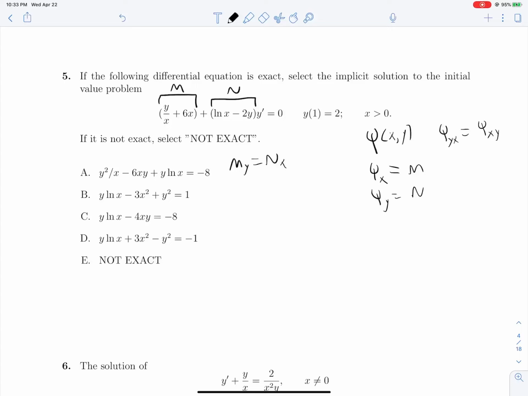And so My is really this mixed partial derivative, and Nx is really this mixed partial derivative. So if we can solve it exactly, this should be true.